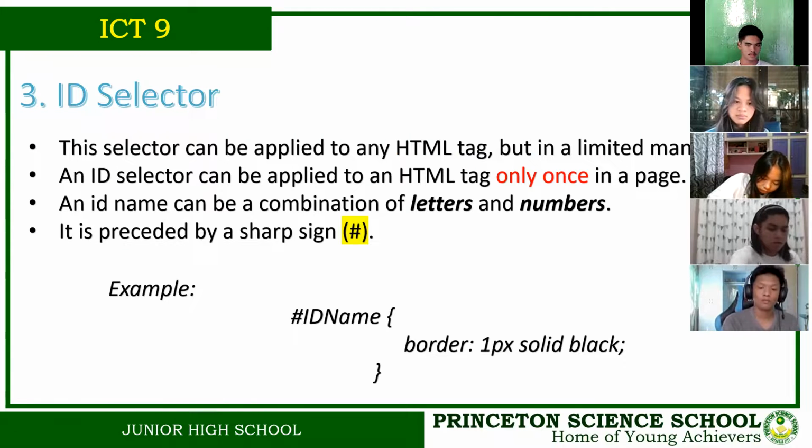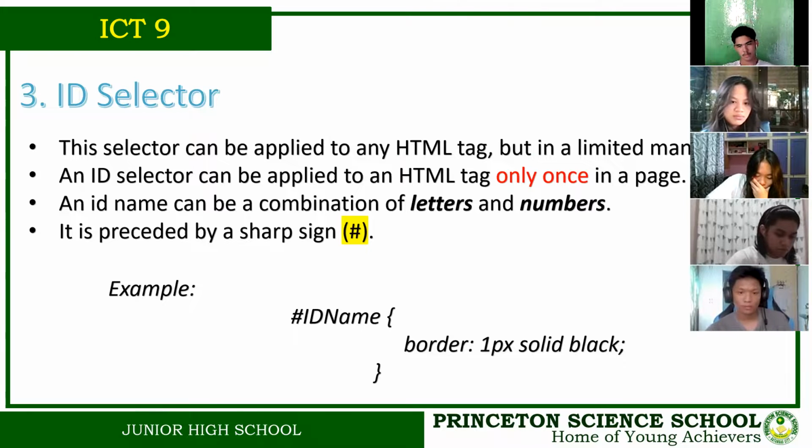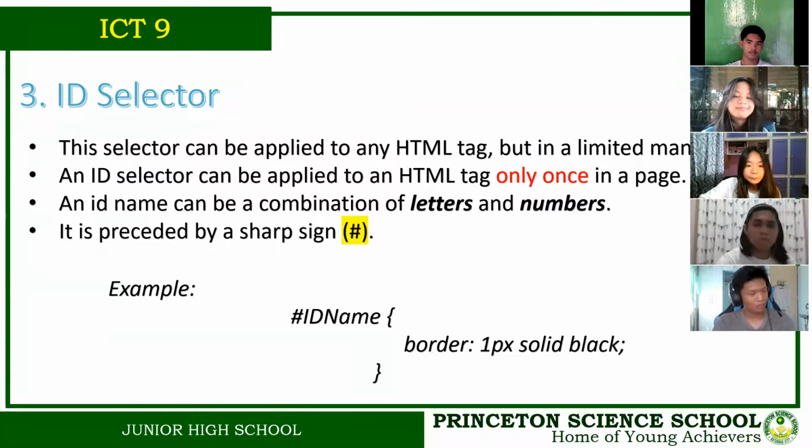Okay, so for the class, we are applying a period in order to call the selector, for the ID selector, we're using a hashtag and then the ID name. So the class uses period, and the ID selector uses hashtag. And do you still remember our topic for the bookmark?